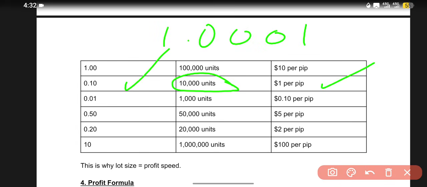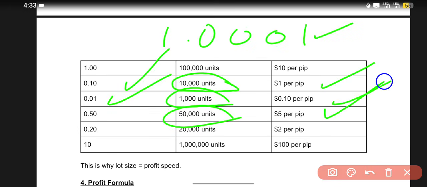For the 0.01, which is the micro lot, this is the amount of currency you bought, and for every pip movement, you are making $0.10. Another lot size we can consider is 0.5. With 0.5, you are buying 50,000 units, and then you are making $5 for every small price movement. The same goes for the rest.